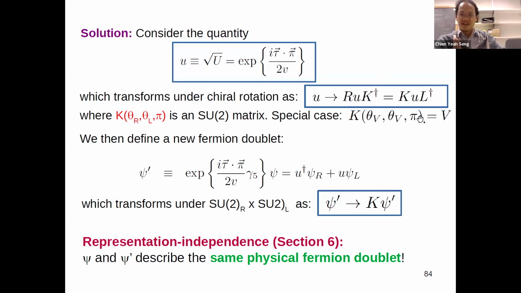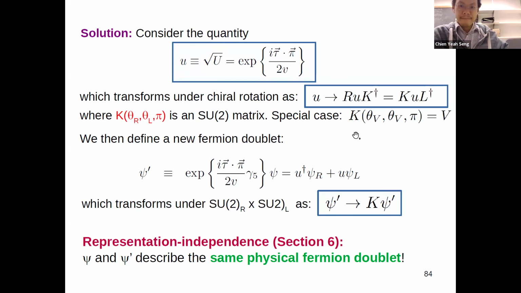And the only thing we know about the matrix K is that in the vector limit, namely when theta R equals theta L, it reduces to the matrix for the vector transformation.